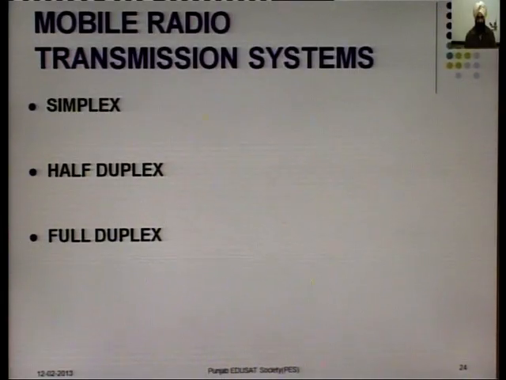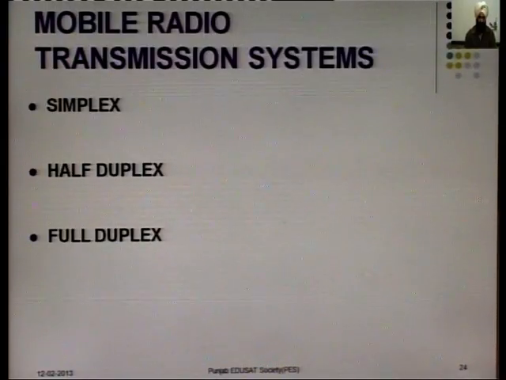This EduSat system in which you are hearing me or watching me is also a kind of simplex system nowadays, because here the person sitting in the studio is only speaking, and the students or teachers sitting in the institute at SIT are listening or watching the person in the studio. So this kind of communication is simplex transmission.